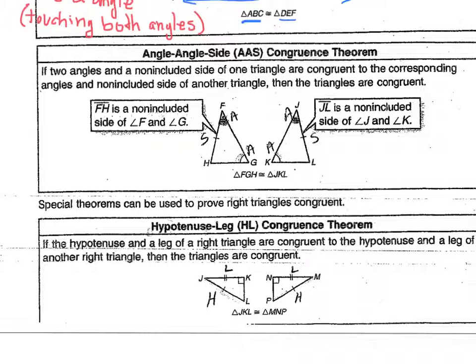It's angle, angle, side, and here it says 2 angles and a non-included side of one triangle are congruent to the corresponding angles, in this case the 2 angles, and the non-included side. So if included means in between both angles or both sides, then non-included means that it's not between the angles.